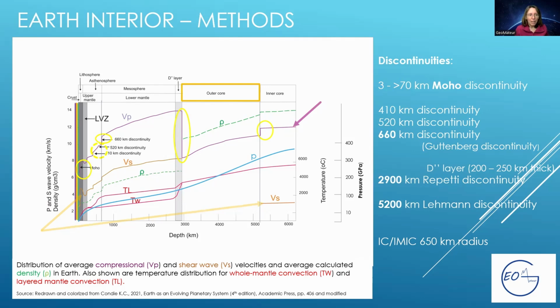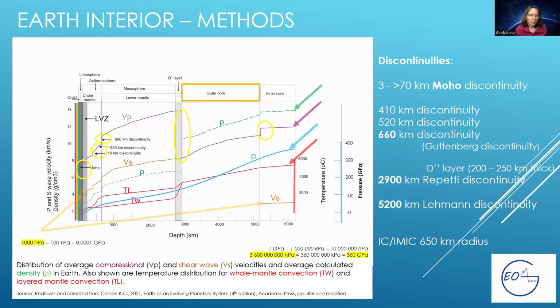And now, knowing the velocity, we can estimate the density of the medium that was penetrated by seismic waves. And knowing density, depth and volume allows us to estimate temperature and pressure. And now I give you a glimpse of how immense the pressure is in the Earth interior.